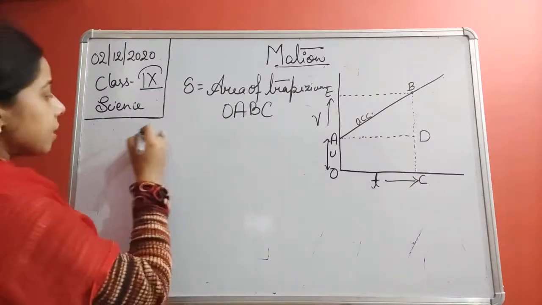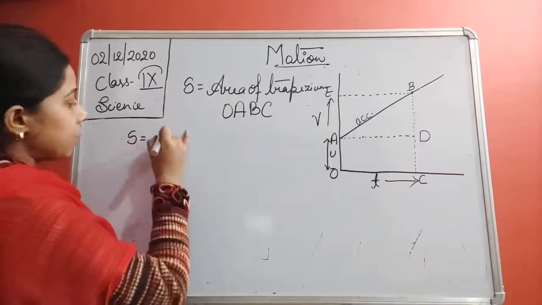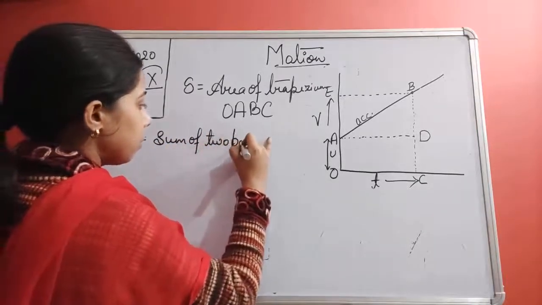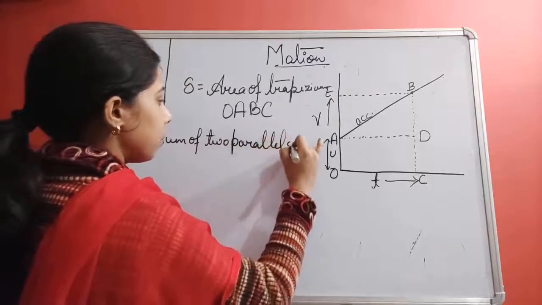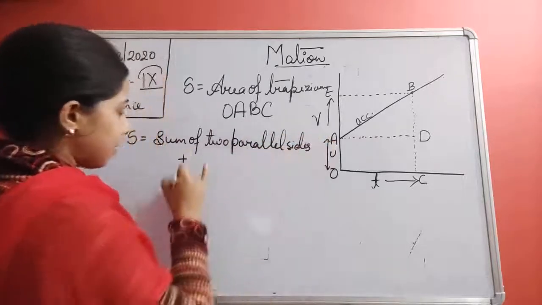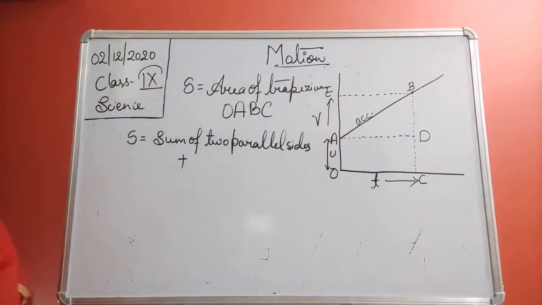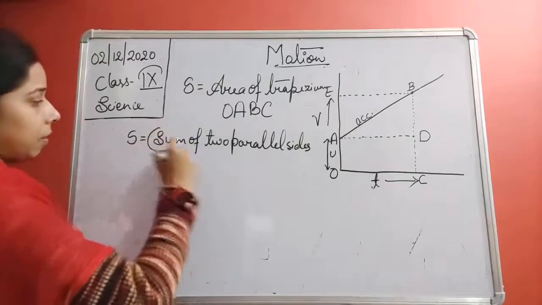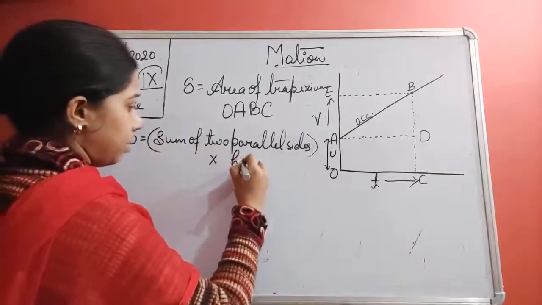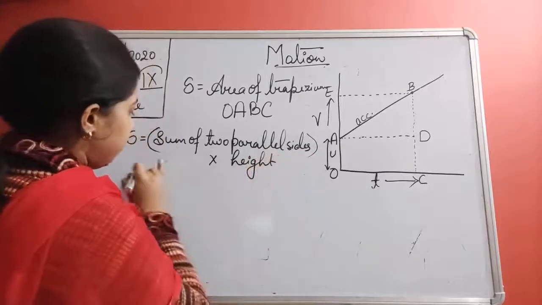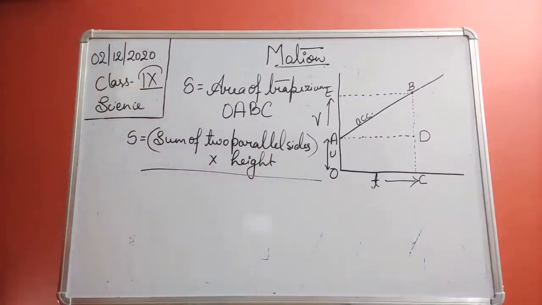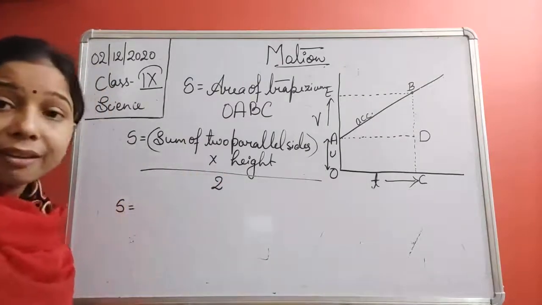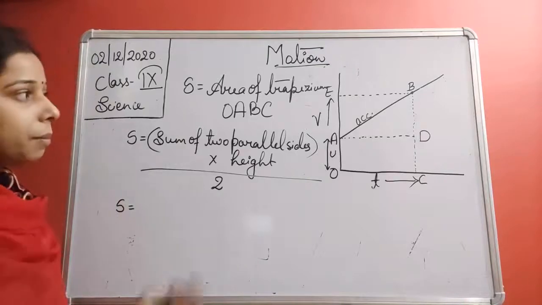Now we know that the area of a trapezium is the sum of two parallel sides into height, divided by 2. By this formula, we are able to find the area of the trapezium.